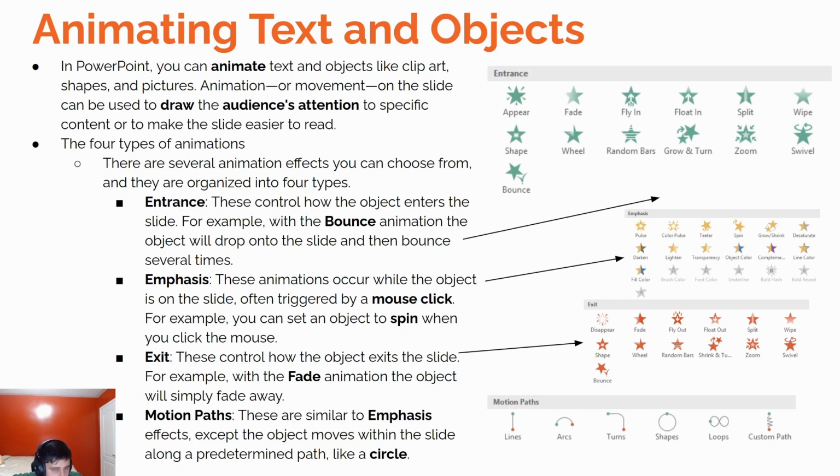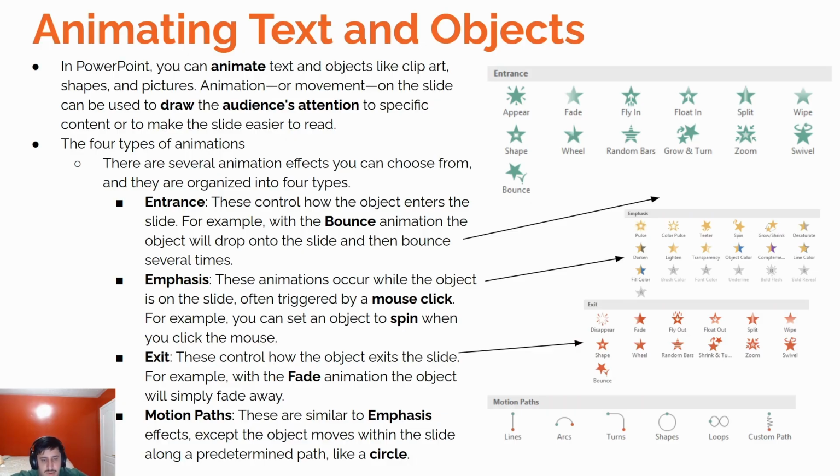As of right now, there are several animation effects we can choose from, and they are organized into 4 types. First, we have entrance, which controls how the object enters a slide. For example, with the bounce animation, the object will drop onto the slide and then bounce several times. Then we have emphasis, so these animations occur while the object is on the slide, often triggered by a mouse click.